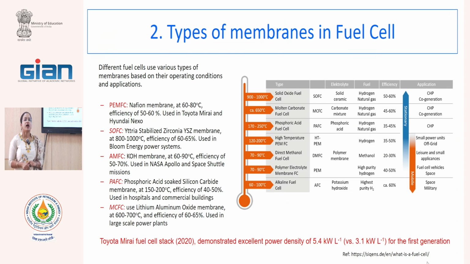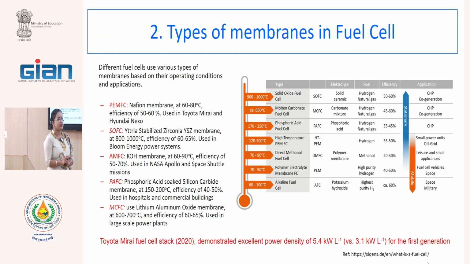That is why PEM or AEM find their application more on the mobile side of our applications. They are a very useful choice for space and military applications. For those vehicles, alkaline and PEM fuel cells are more useful. We have a methanol fuel cell also. In a methanol fuel cell, we have methanol as a fuel. Otherwise, they mostly use a polymer membrane, very similar to PEM.